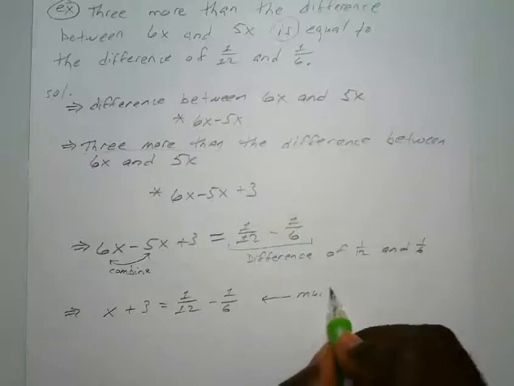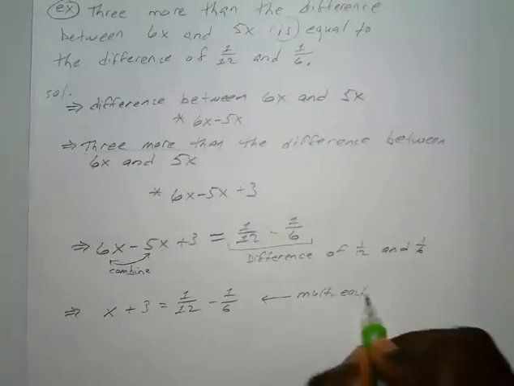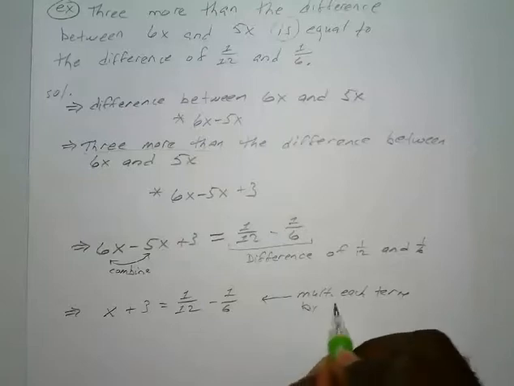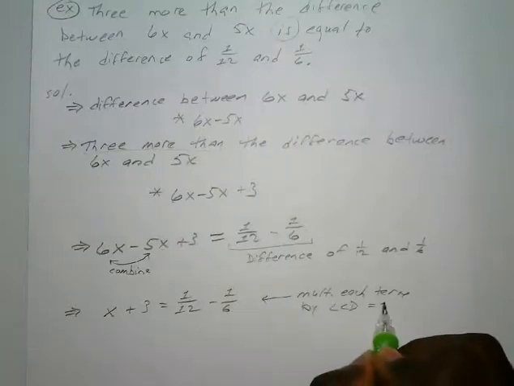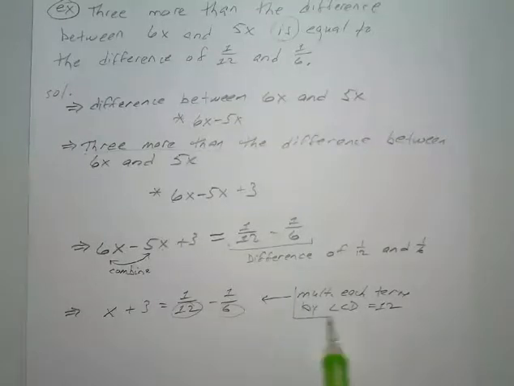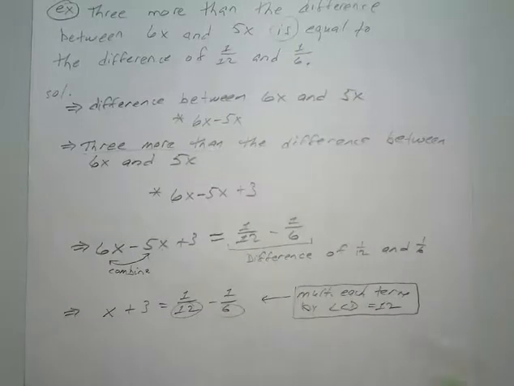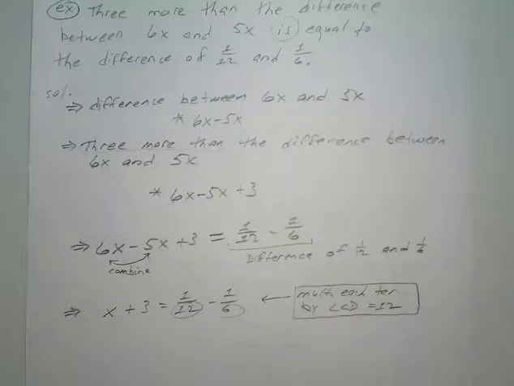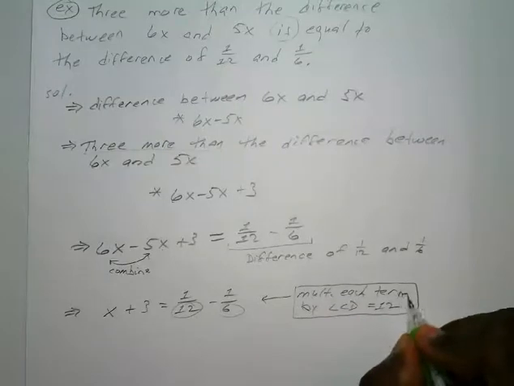Okay, so multiply each term by the least common denominator, which is equal to 12, since you have the two denominators there. Okay, so kind of clean up that M a little bit. There we go.